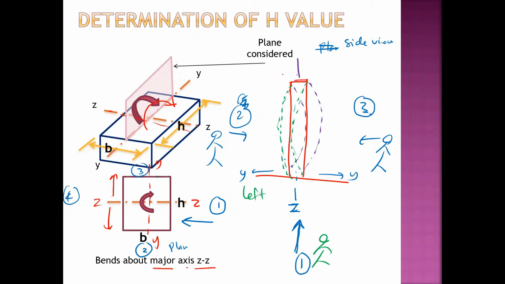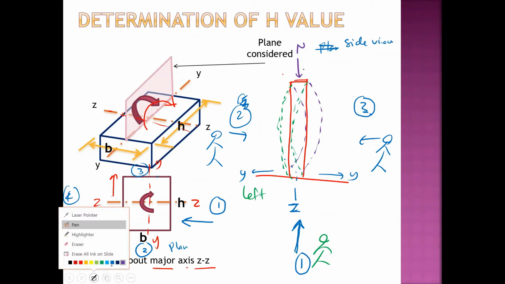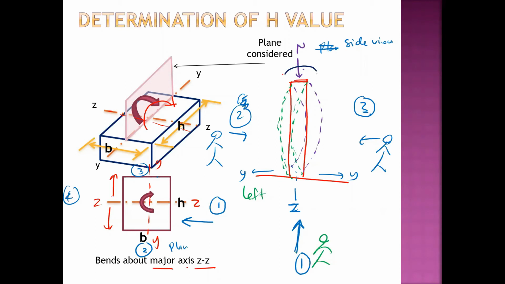This is the end, this is the axial force, and this is the bending moment. If the bending moment is clockwise, it will bend the column toward position 2.